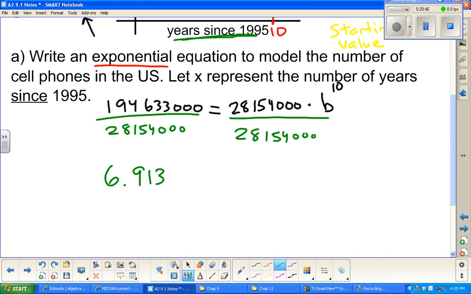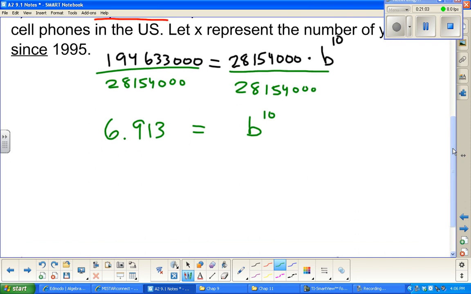Let's just stop there. Let's round it to the nearest thousandth, just to be safe. Don't call that 7. That's a little too far. You can go 6.9 or 6.91, but carry it relatively far. Technically, you're not supposed to round until the final step, but that's not a huge deal as long as you don't round too short. So we should be safe here. So 6.913 equals b to the 10th power.